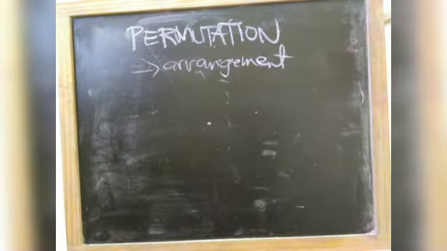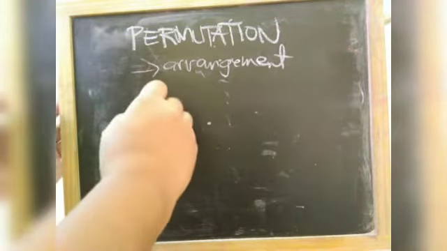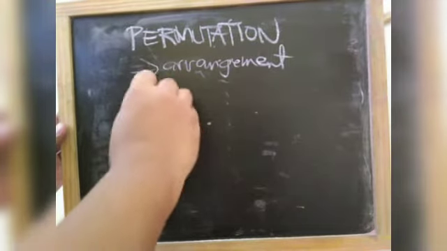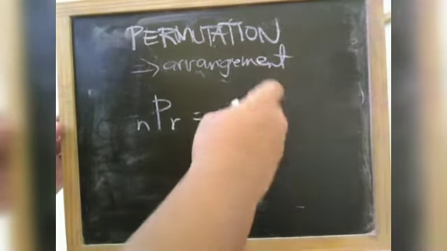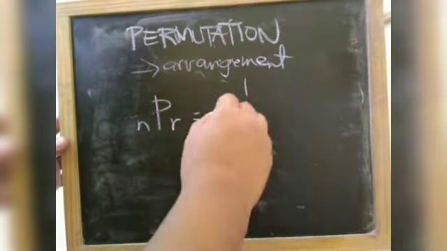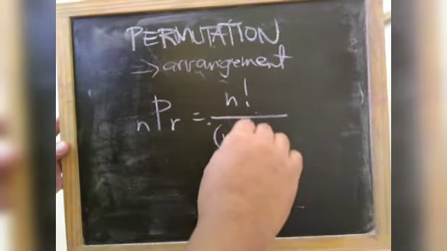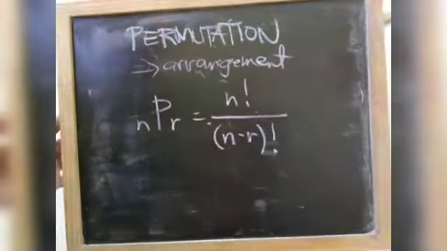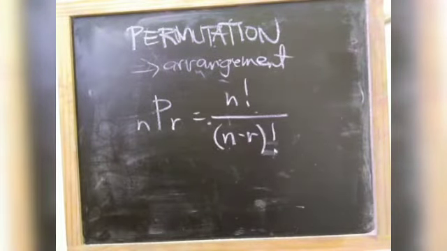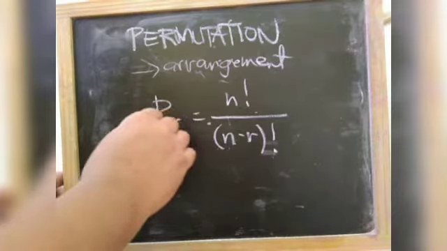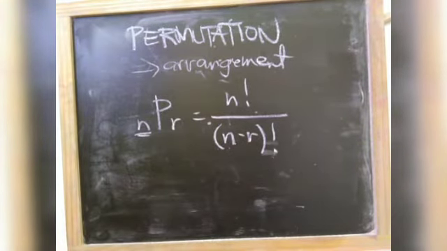Ibig sabihin, may number of objects kang and then from there, kukuha ka lang kung ilan yung i-arrange mo. So, may formula tayo dyan: n permutation r is equal to n factorial all over the quantity n minus r factorial. Medyo mahaba yung formula, no? Pero mamaya gagawin natin madali. The small letter n here is written in subscript.